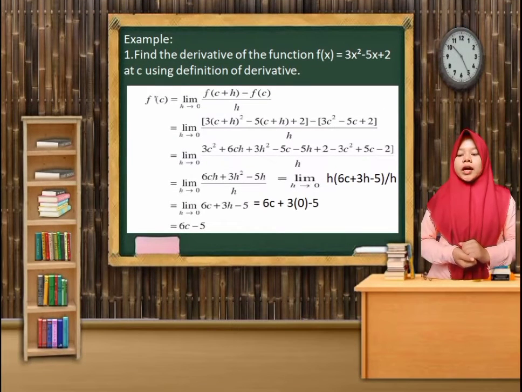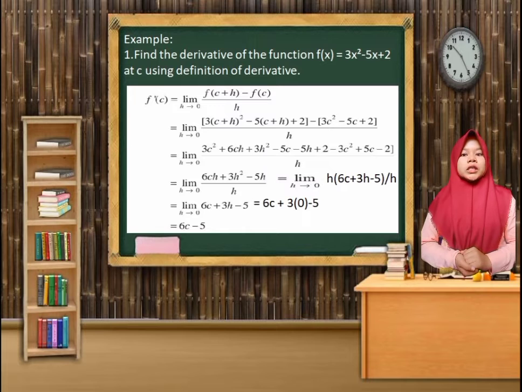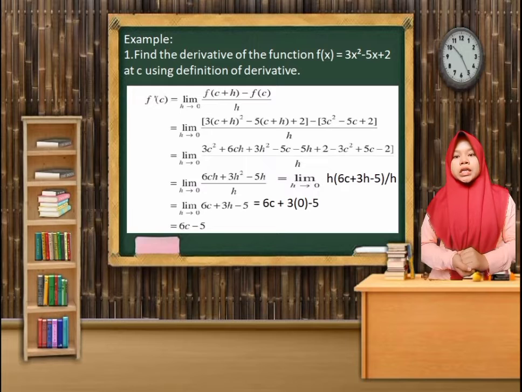Then factor by removing h: the limit of h times (6c plus 3h minus 5), all over h, as h approaches 0. h over h equals 1, so it becomes the limit of 6c plus 3h minus 5 as h approaches 0.